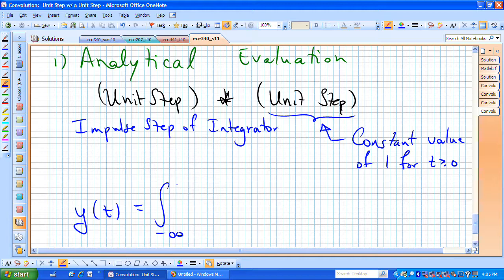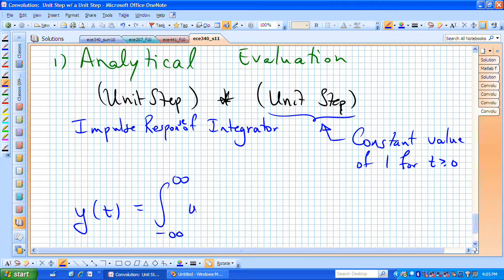Here's our convolution integral, and now we have the impulse response. Hopefully I said that this was the impulse response of an integrator.